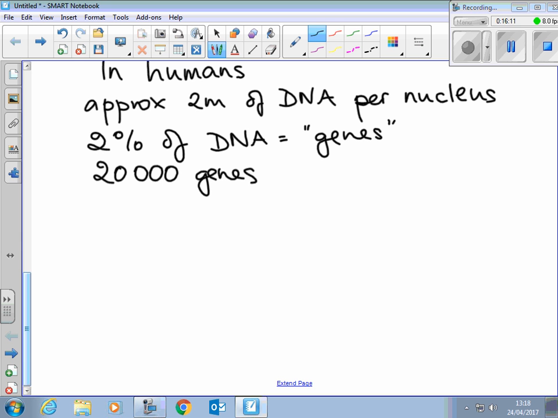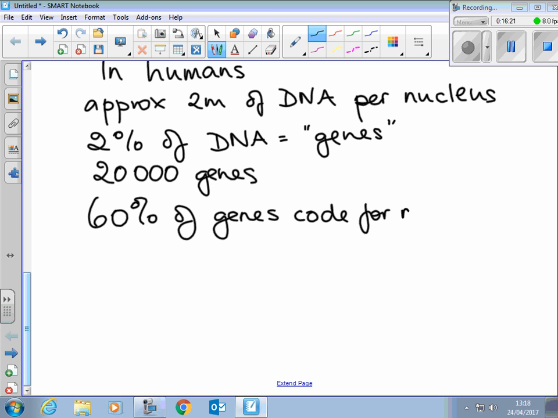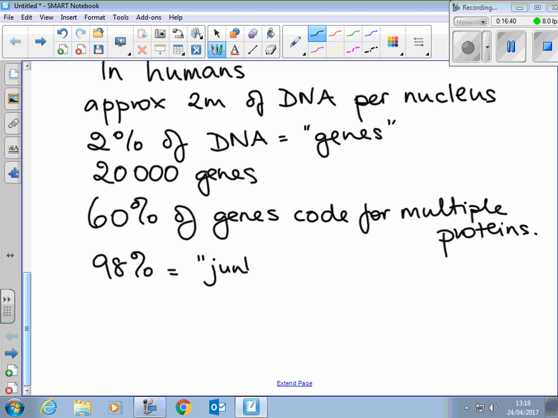And then we have this business that about 60% of genes code for multiple proteins. And I suppose it's worth saying the other 98% is what we used to refer to as junk DNA.